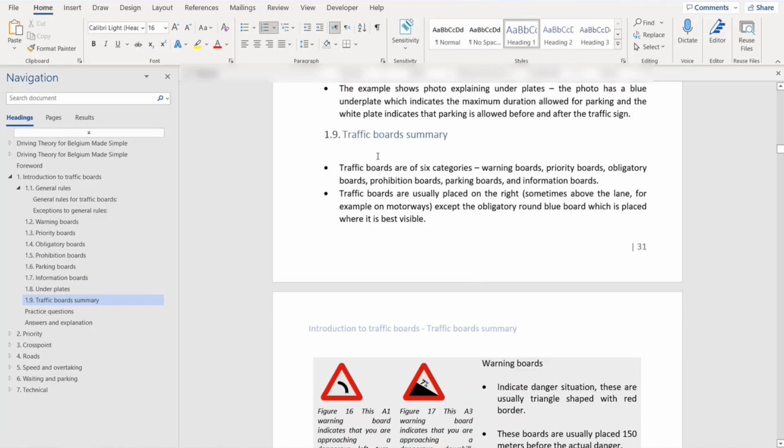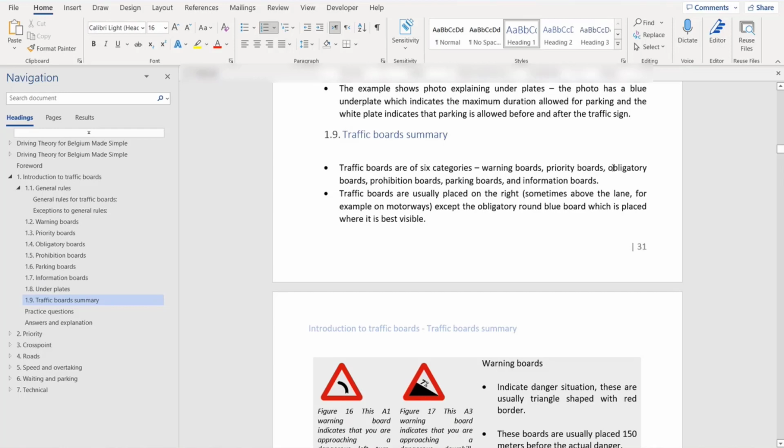So quickly, traffic board summary. Traffic boards are of 6 categories. They are warning boards, which are triangle red border boards; priority boards, which are also triangle red border boards, but they have one thick line and multiple thin lines; obligatory boards and prohibition boards, which are round boards.